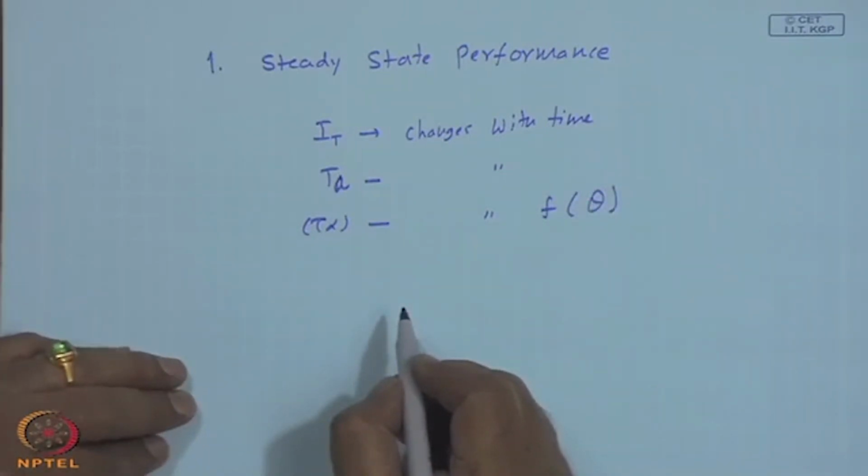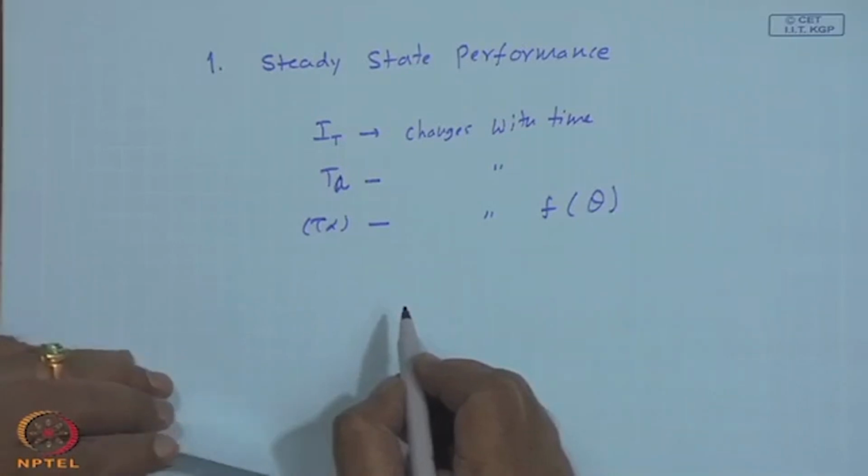And if you want to be very specific, even the overall loss coefficient may change with time because of the temperature dependence. However, we assume the performance with steady state.